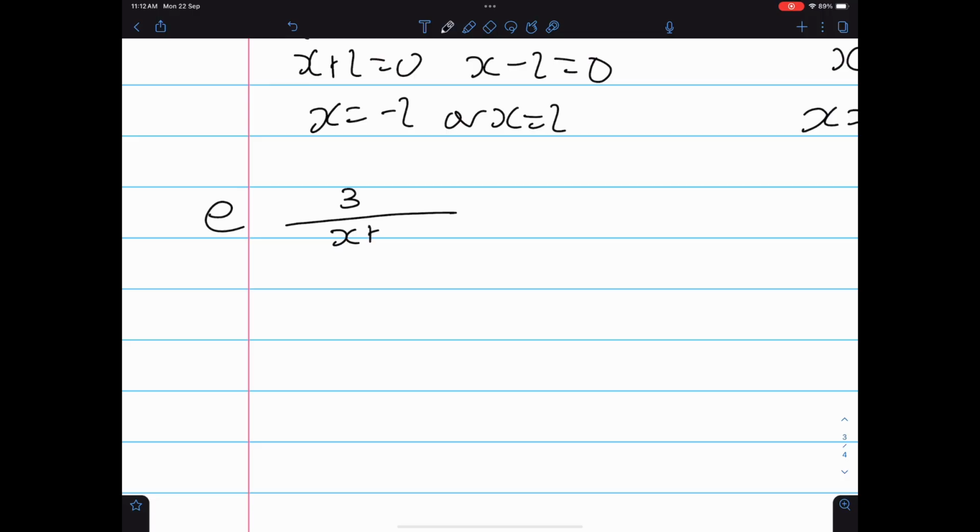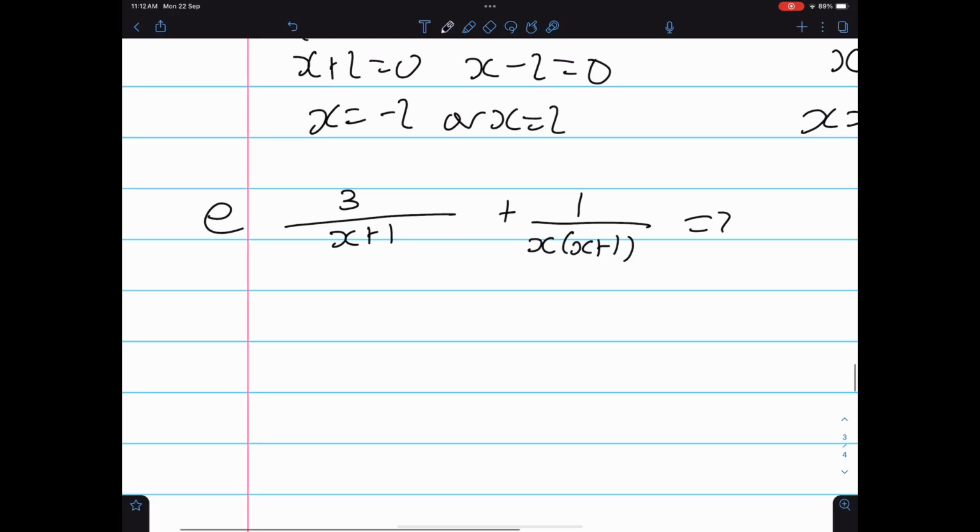Now we do 3 over x plus 1 plus 1 over x plus 1 equals 2. Now notice how they've already got this common factor, which means you only need to multiply the first one by another x to make the denominators common.